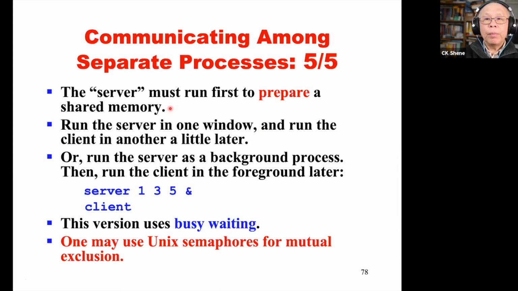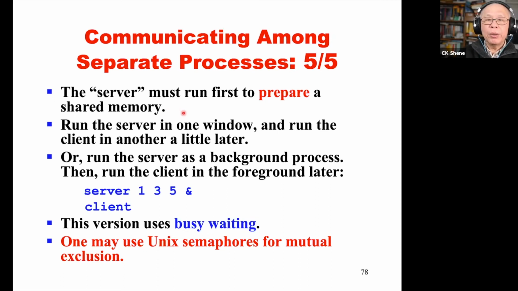If you run the client first, when the client executes its shmget with 0666 without IPC_CREAT, its shmget will fail because the shared memory has not been allocated. So the server has to run first in order to prepare a shared memory.